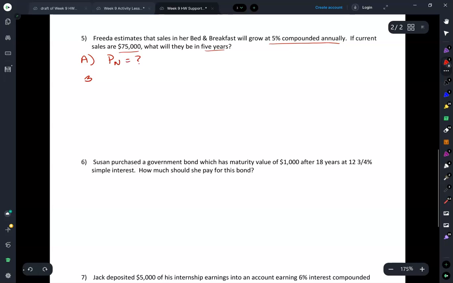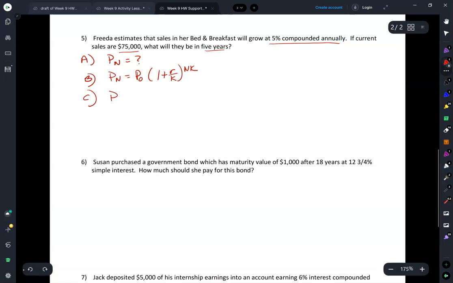Okay, it's compounded, so I'm going to use the compound interest formula. P sub n equals P sub 0 times quantity 1 plus R over K to the NK. And now I'm going to plug in the values and solve.